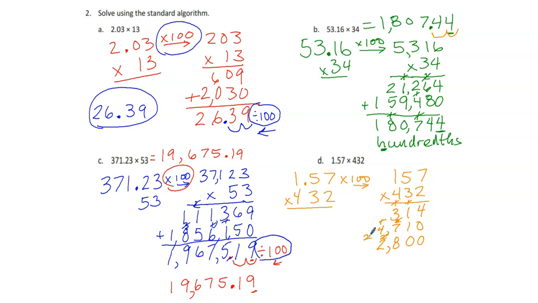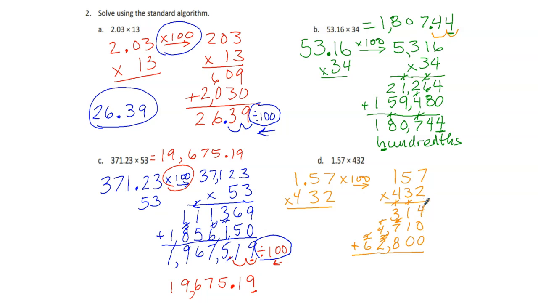And I regroup 20 of my thousand as 2 10,000s. Then I say, well, 4 hundredths times 100 is 4 10,000s plus my 2 10,000s, 6 10,000s. Understanding that place value is key.